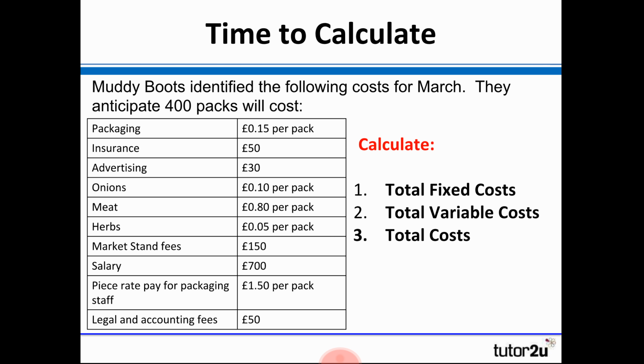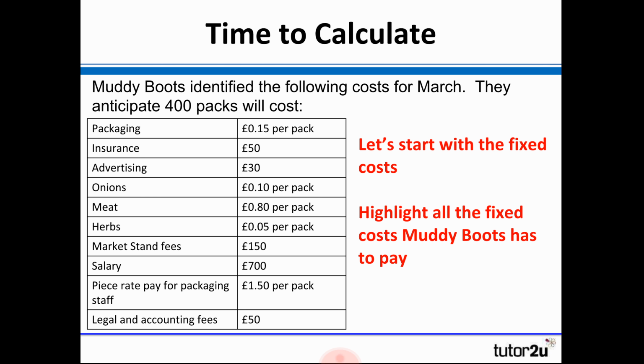We've got market stand fees of £150, salary of £700, and then piece rate pay, that's when you pay someone for every item that they make, of £1.50 per pack, and then we've got legal and accounting fees of £50. So your first task is to calculate the total fixed costs.